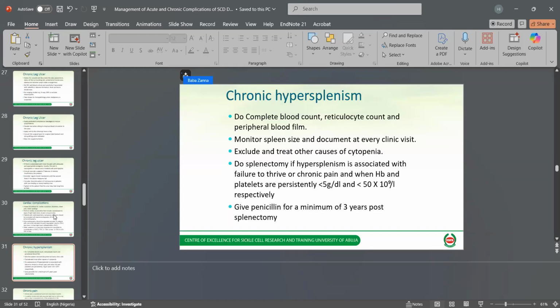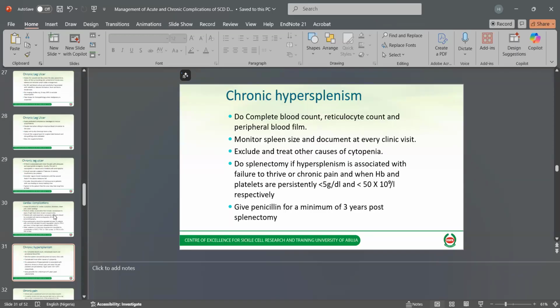Do splenectomy if hypersplenism is associated with failure to thrive or chronic pain, and when hemoglobin and platelets are persistently less than 5 grams per deciliter and less than 50 times 10 raised to power 9 per liter respectively. Give penicillin for a minimum of 3 years post-splenectomy.